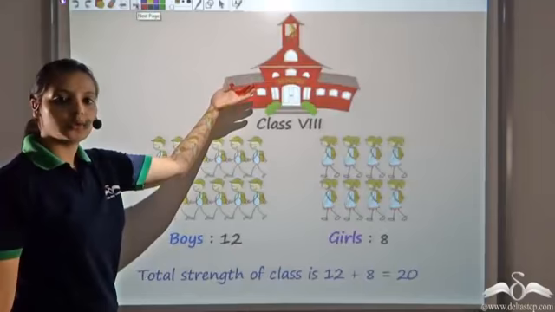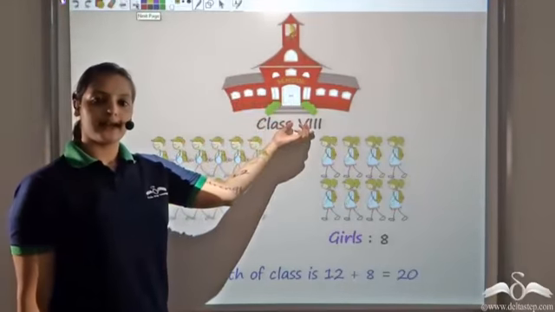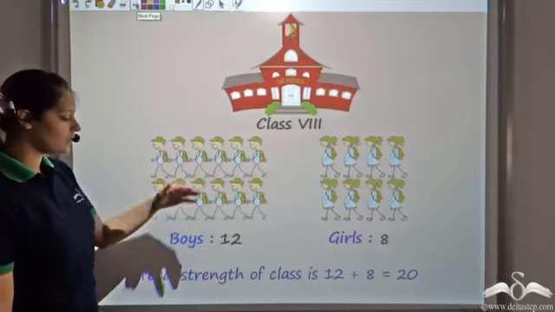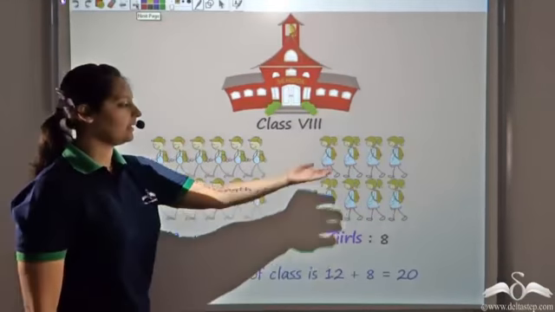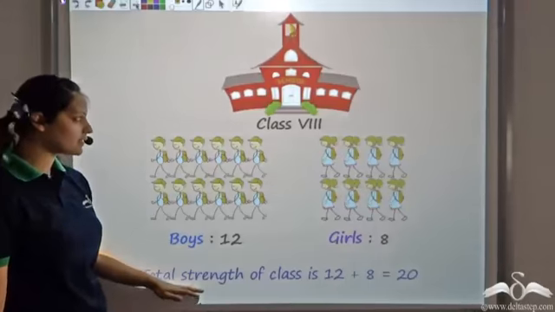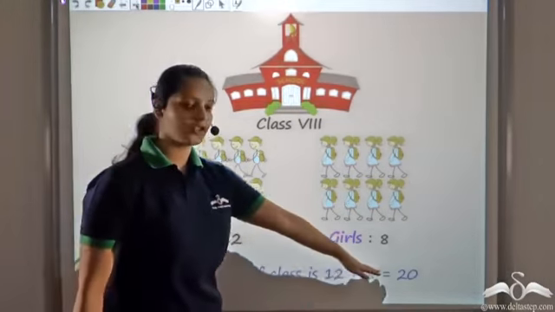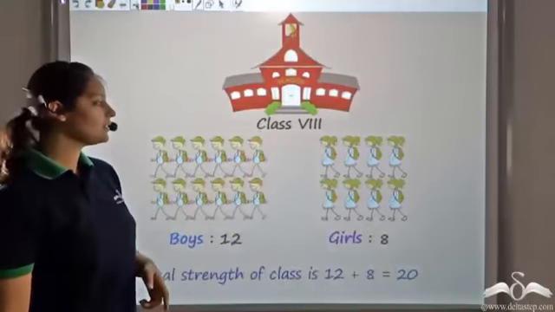Let us say there's a school in which there's class 8th, which has 20 students. Out of those 20 students, there are 12 boys and 8 girls. So total students in class 8th would be 12 boys plus 8 girls, which is 20, the strength of the class.